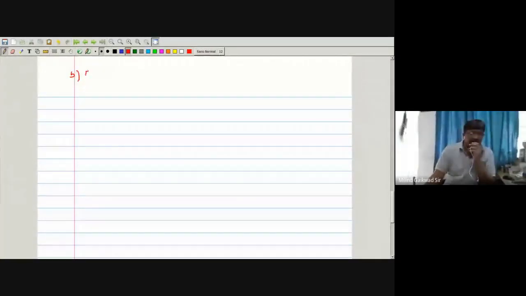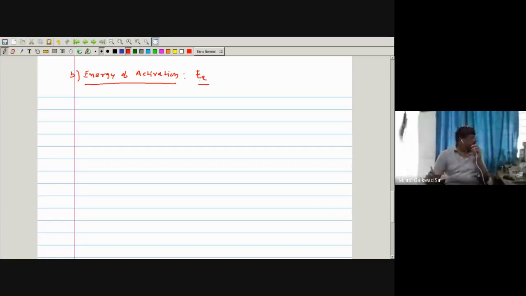Energy of activation. You know energy of activation. What is meant by energy of activation, EA? Can anyone tell what is the energy of activation? Srikant, what is the energy of activation?